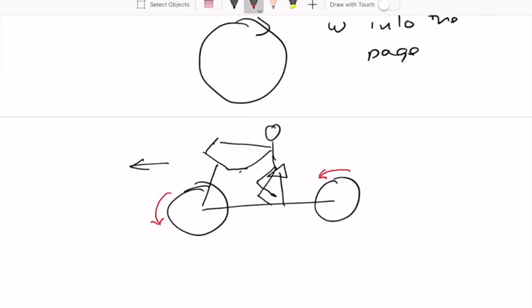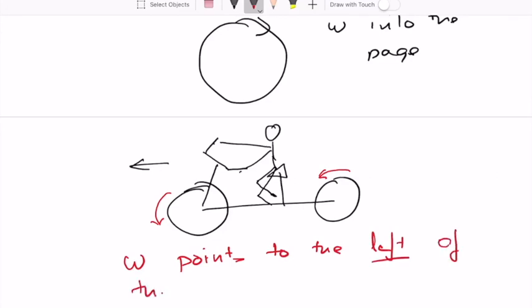And so the wheels are turning counterclockwise in this example. So that means the direction of omega is out of the page. And so the direction of omega would be to the left of the person riding the bicycle. So omega would point to the left of the cyclist.